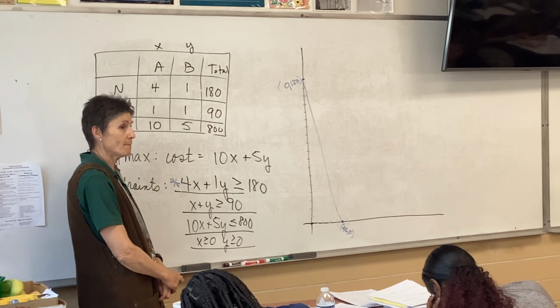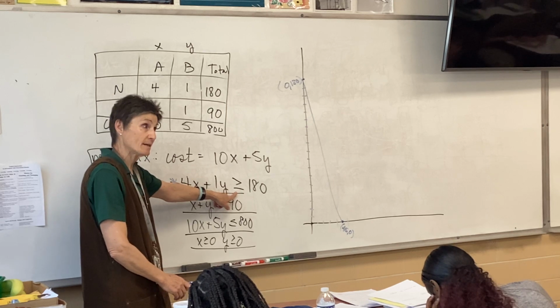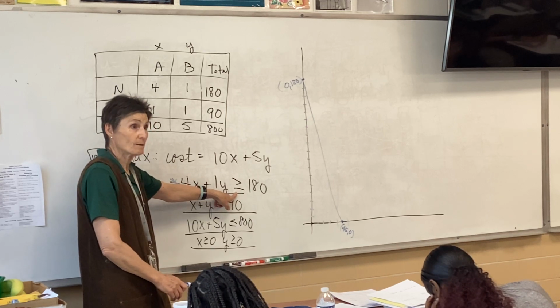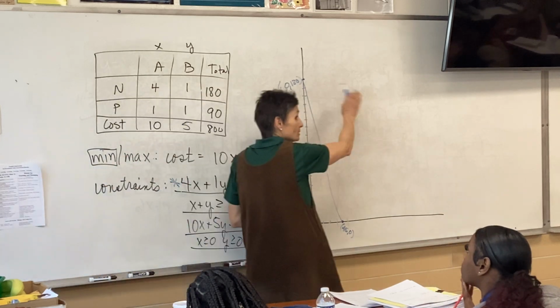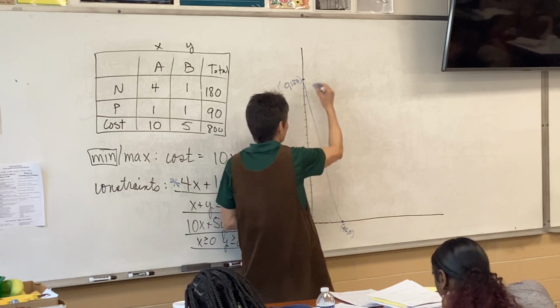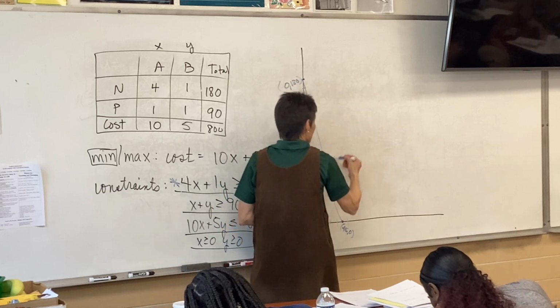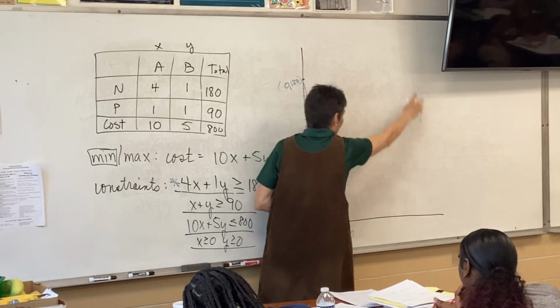Are you still with me? Now, it's an inequality. That means I have to shade it. Where is this one going to be shaded? Out, above, out here. It dirties my markers or my board so bad I'm not going to do it, but it's all shaded out here, right? This is all blue, out here.